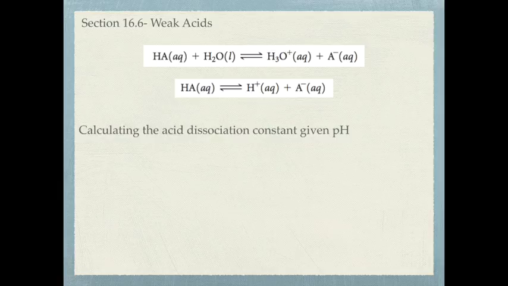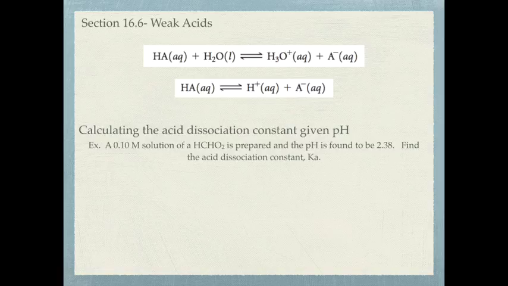We are going to calculate the acid dissociation constant, your Ka, when you're given pH. So in this example, it tells me that I have my acid, so I'm going to write out my reaction right away. I've got my acid dissociating into hydrogen ions and then that anion. So I'm going to create my ice chart like before.